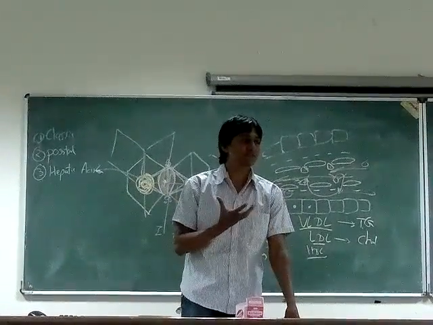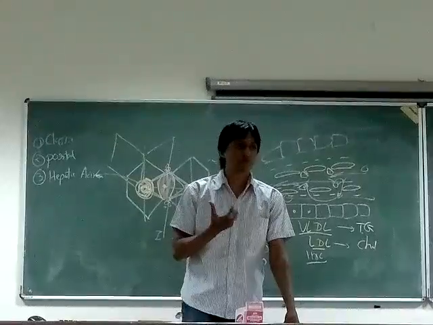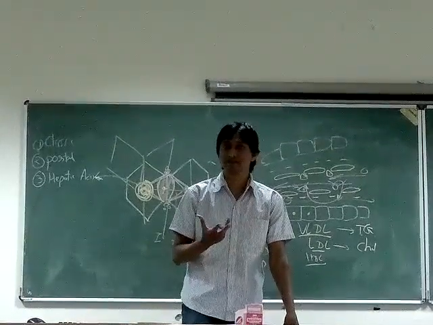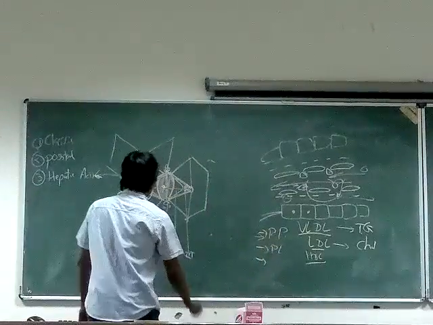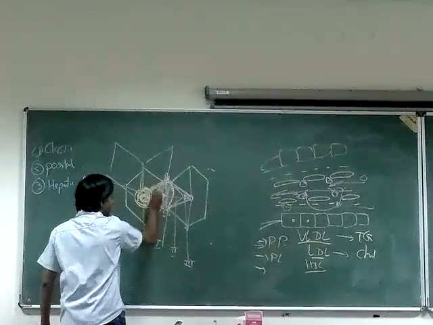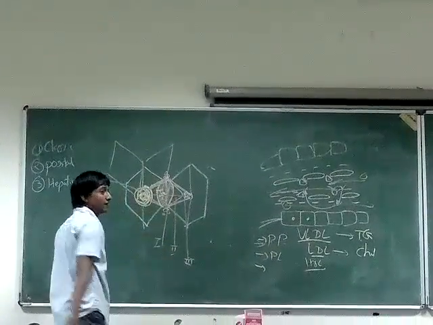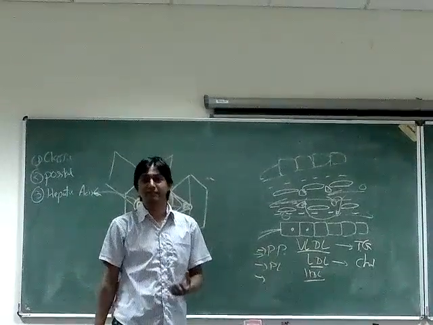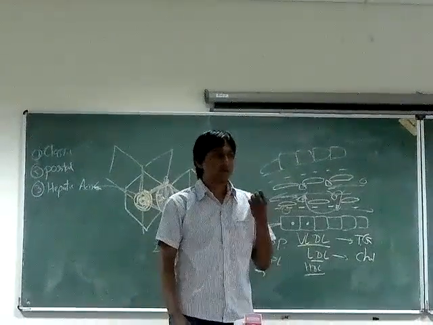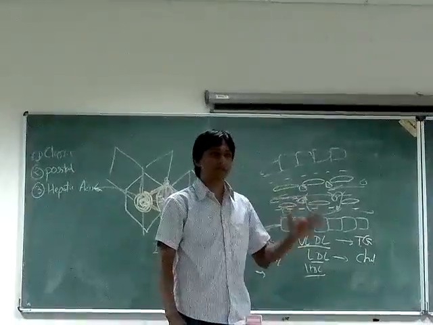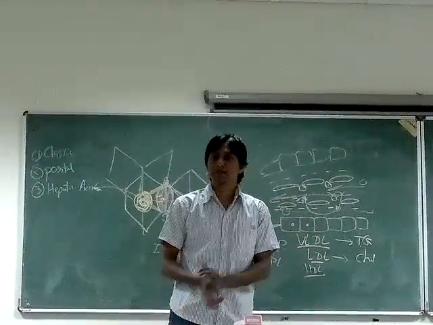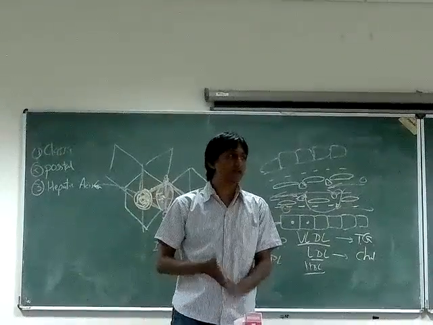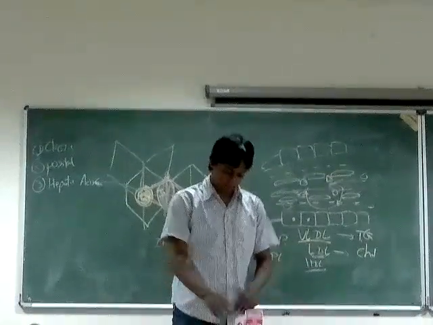So which zone is the first one to be exposed to the neutrophils and macrophages? Zone 1. Blood goes from here to here. So zone 1 will get the macrophages and neutrophils first, then the second zone, then the third zone. So in the case of hepatitis, which zone will suffer most? Zone 1.